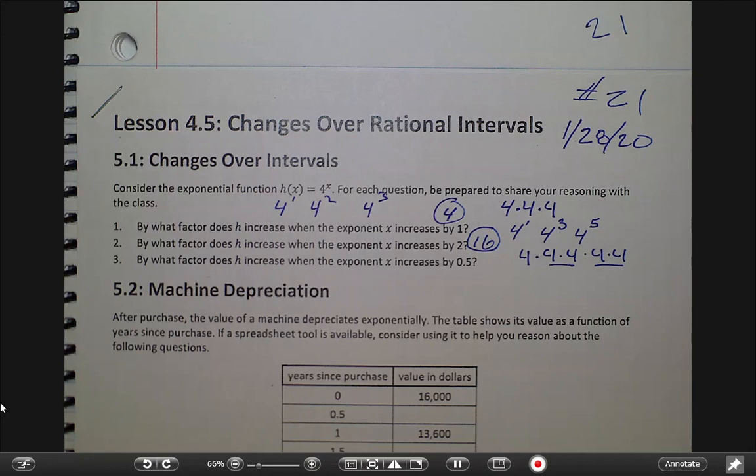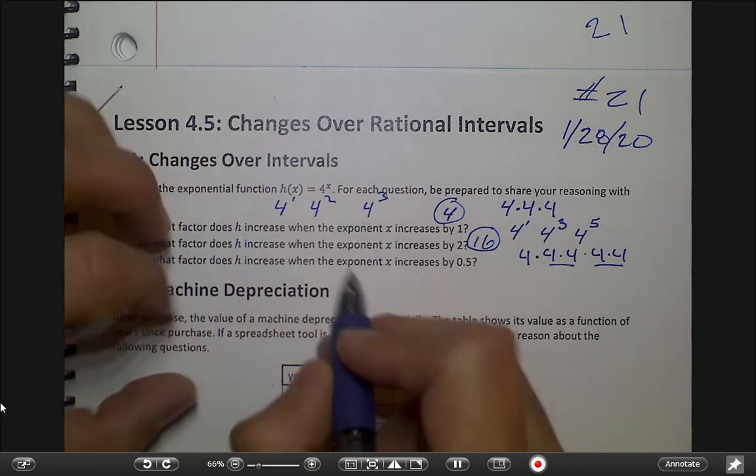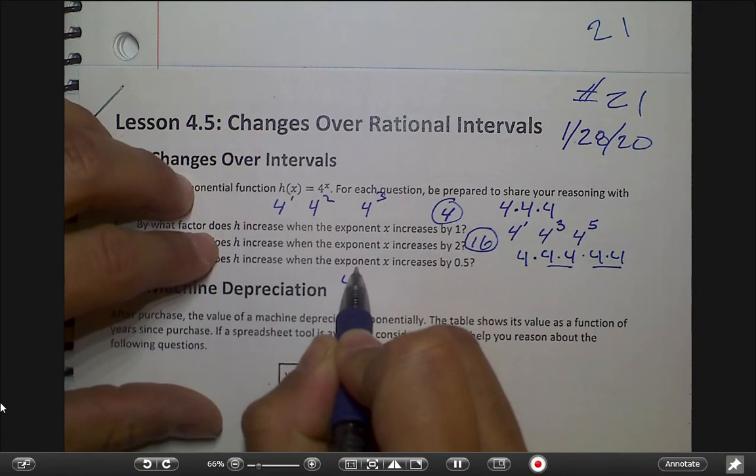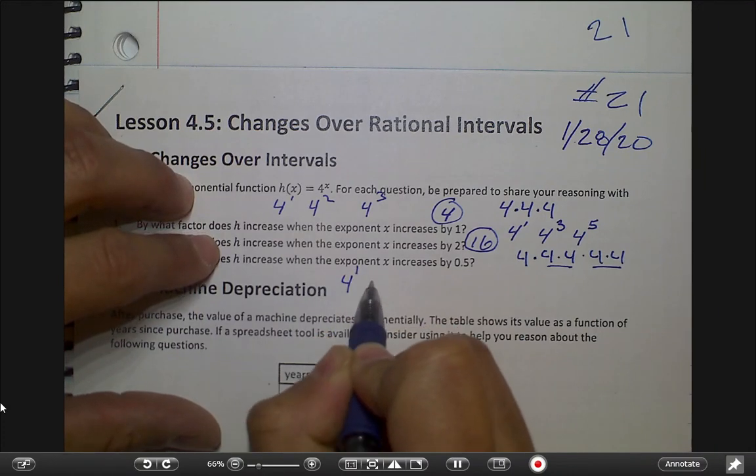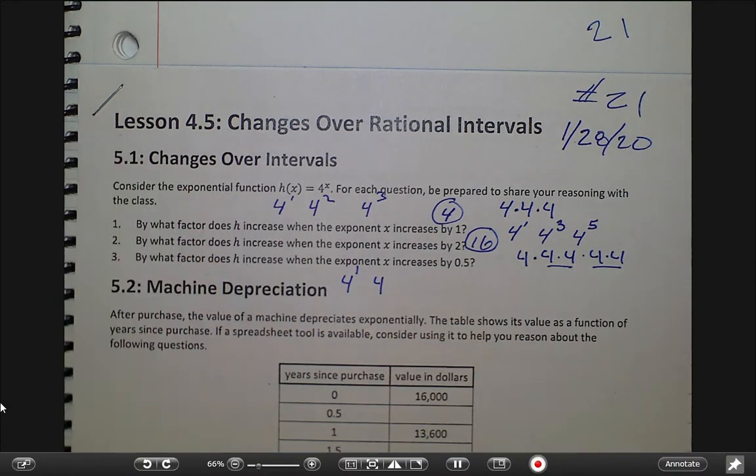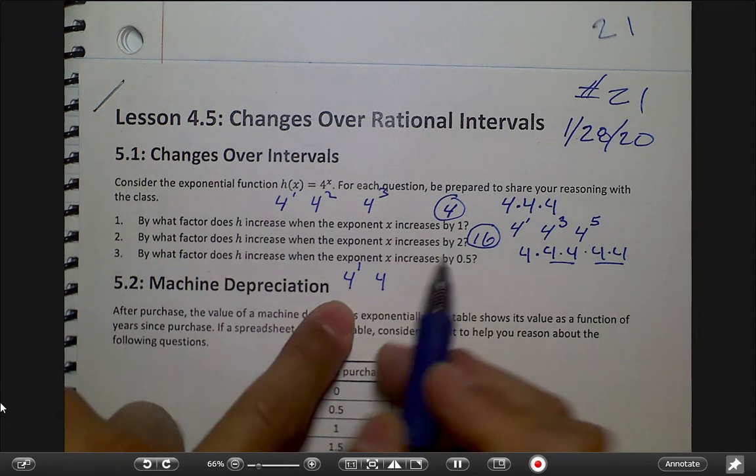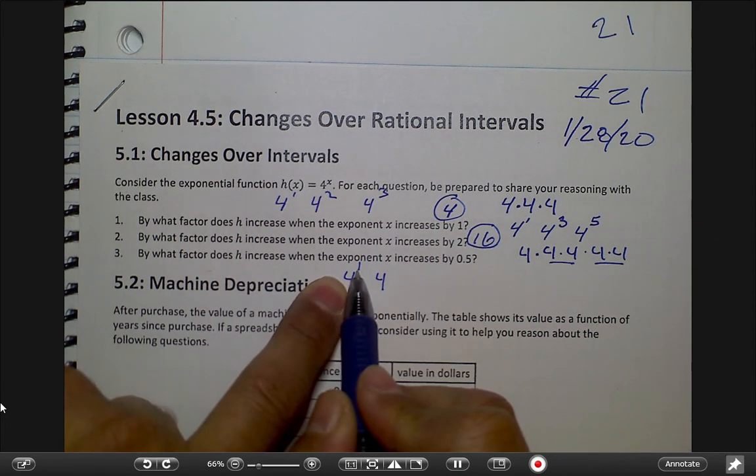And let's see, next one. If it increases by 0.5, isn't that the same as 1/2, right? So if it's going to be 4 to the 1, and the next one's going to be 4 to the 3/2, or 1 and 1/2, right? If you do it as an improper fraction, it's a lot easier to see. Because this is 2 over 2, so 2 divided by 2 is 1, right?